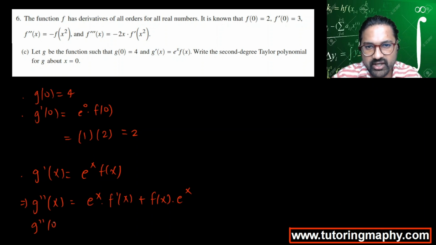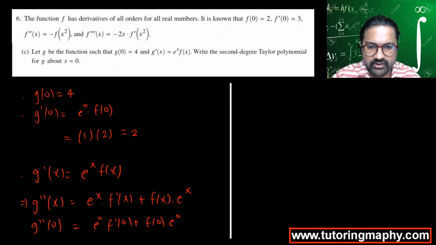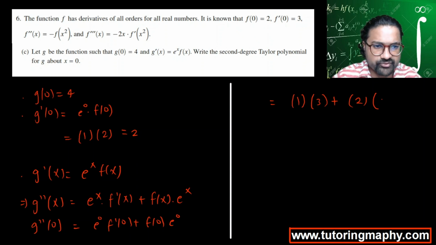So g double prime 0 is going to look like e raised to 0 times f prime of 0 plus f of 0 times e raised to 0. Let me separate my work over here. This is going to look like e raised to 0 is 1, f prime 0 is, fortunately, given as 3, plus f of 0 is 2 right here, and e raised to 0 is just 1. So 3 plus 2 is 5. We got the value of g double prime 0 as well.